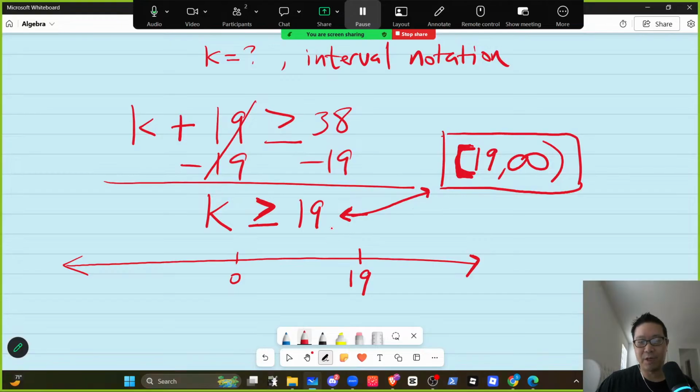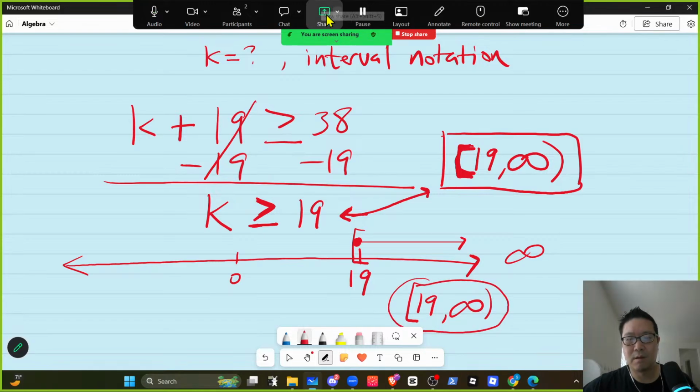So this arrow is pointing to the right, and it's a non-strict inequality, so you would do a closed circle and point your arrow on the graph to the right. And then from the graph, you can read off the interval notation. You start here at 19, and it's going off into positive infinity.